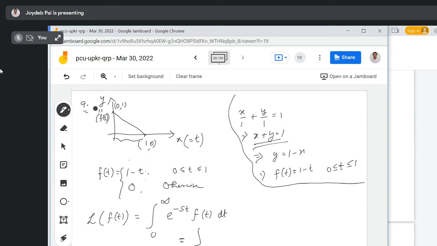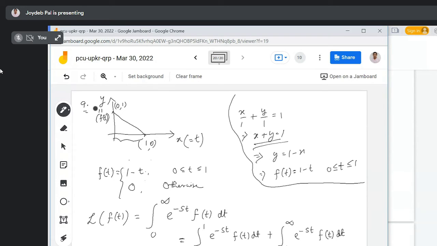So 0 to 1 e to the power minus st into f(t) dt plus 1 to infinity e to the power minus st f(t) dt. Do you get it? Why have I done this? Because the function is piecewise. In the 0 to 1 interval it is one kind, and otherwise it is another kind.